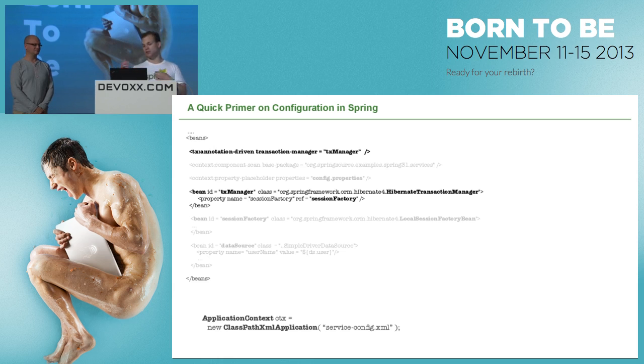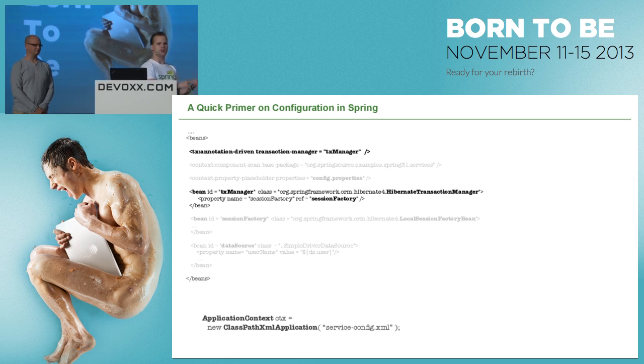tx:annotation-driven needs a transaction manager, right? I need to tell it which resource I should use to manage my transactions. Spring features this PlatformTransactionManager hierarchy. It's a way of working with transactions, the idea of batching up work, committing it, and if something goes wrong, rolling back. That notion, that pattern, is common across lots of different transactional resources.